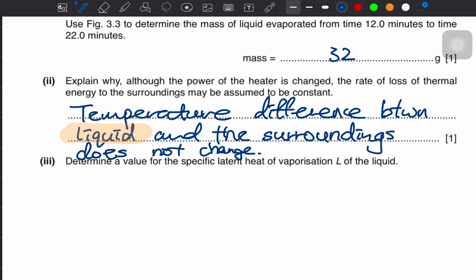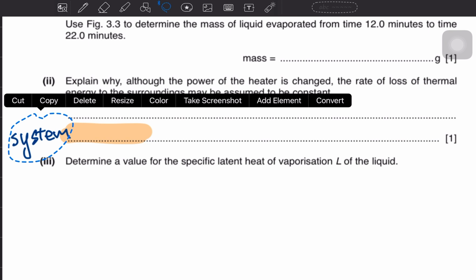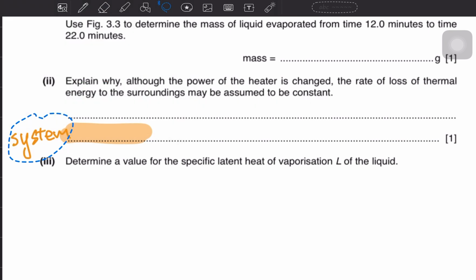And so this would be the system. Let me relabel this in a different color.